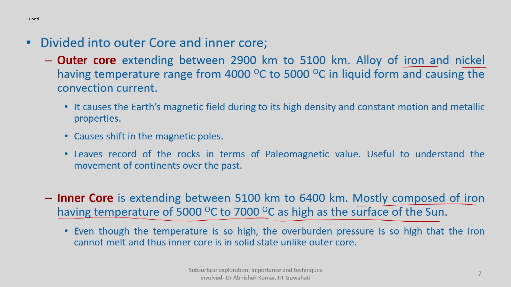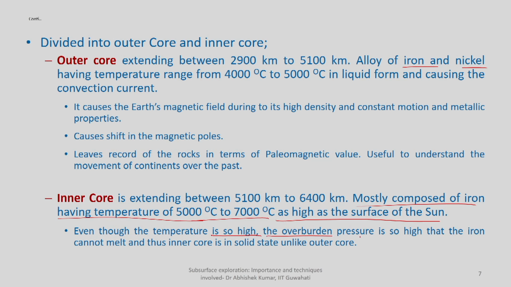Even though the temperature is so high, in the range of 6000 to 7000 degrees centigrade, still the core, because of overburden pressure of different layers, which is equivalent to the density of that material multiplied by the thickness of that particular layer plus the density of the superior material above the outer core, then the mantle, multiplied by the thickness of each layer, you can get an idea how enormous the pressure is on the inner core, as a result of which, though the temperature is very high, the overburden pressure keeps the material in solid state and does not allow it to melt.